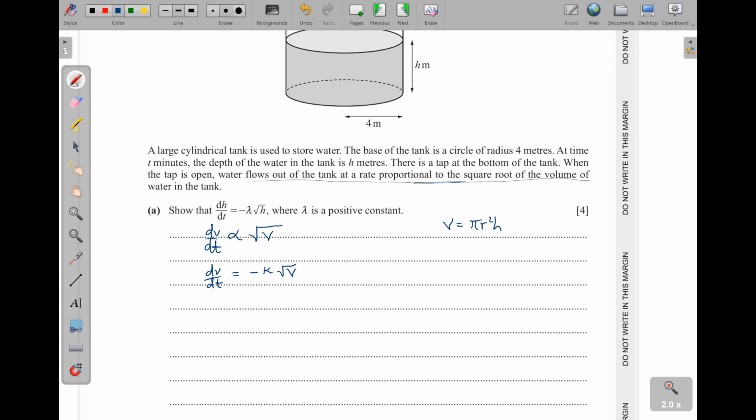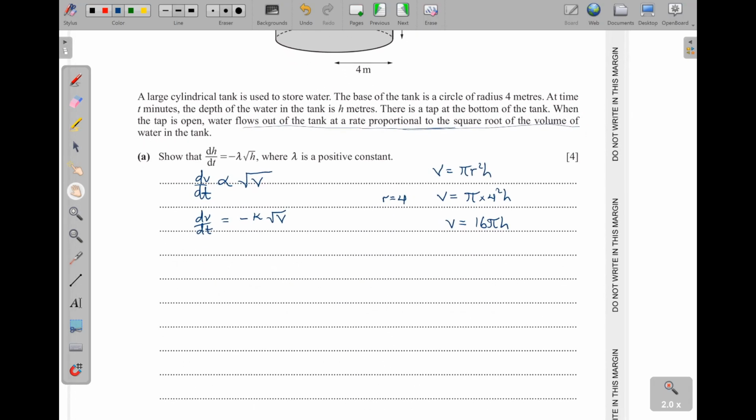Then they say that the base of the tank is a circle of radius 4. So if I substitute r equal to 4 here, we shall have V equal to pi times 4 squared h, and then this one will give us 16 pi h. Now, after that, they told us that we are supposed to show that dh/dt is equal to that.